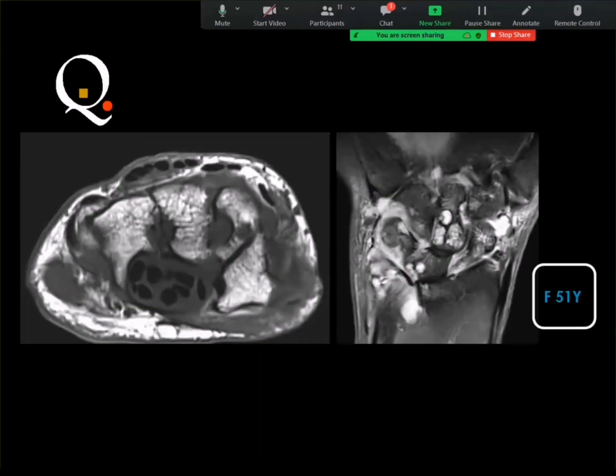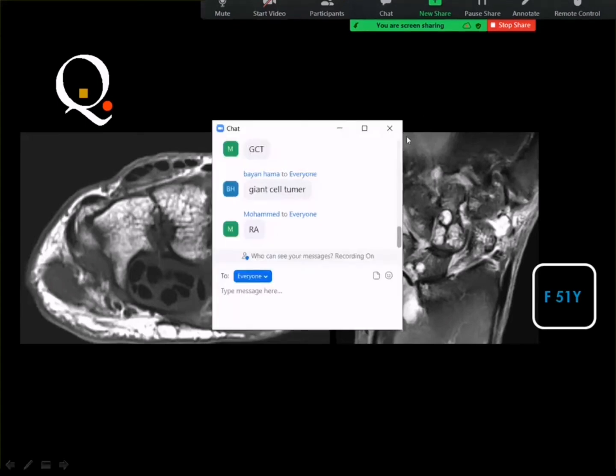And this is a case of female patient, 51 years old, MRI of the wrist, and this is axial, and this is a STIR image. Yes, good answer.